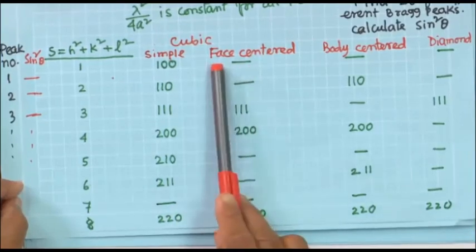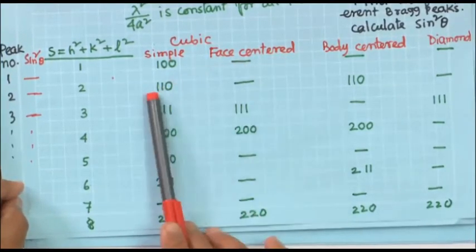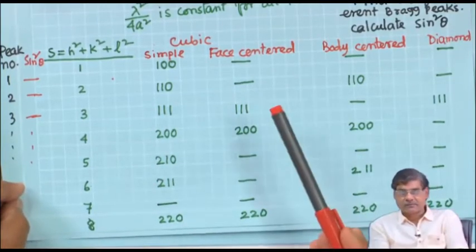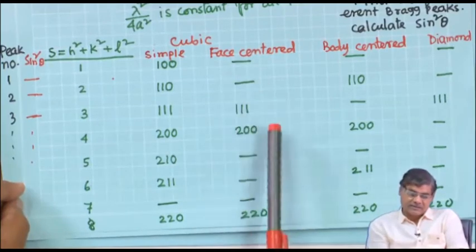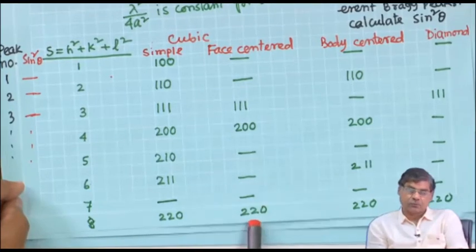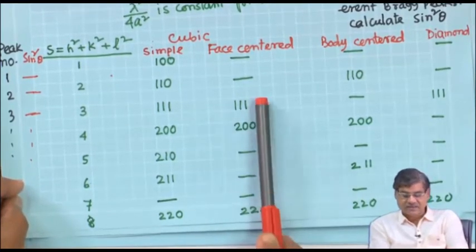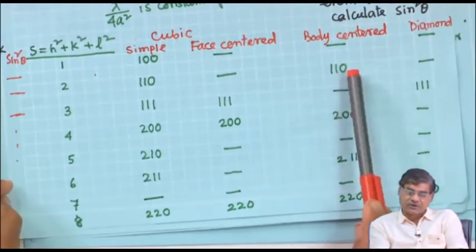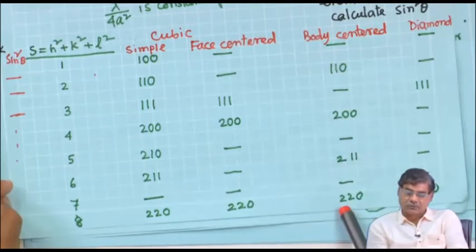But when it is FCC, face centered cubic, diffraction from all planes does not arise. Only 1 1 1, 2 0 0, then 2 2 0, and other peaks arise. In case of body centered cubic, 1 1 0, 2 0 0, 2 1 1, 2 2 0.